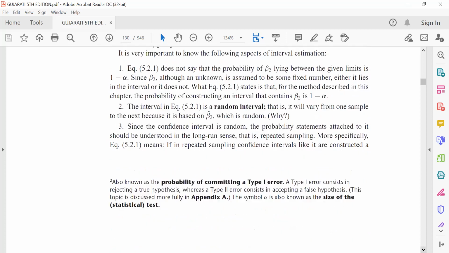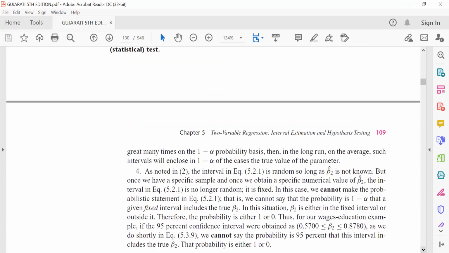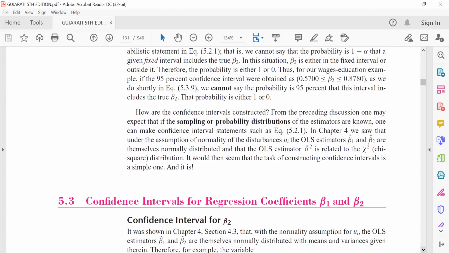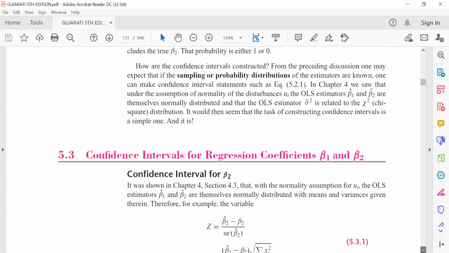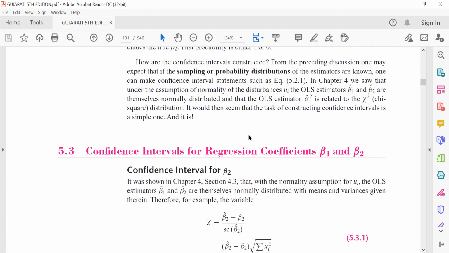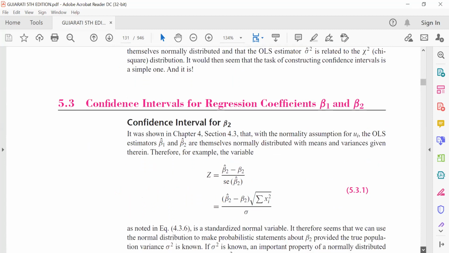Okay, after some derivations, we get the confidence interval for our estimator. First, we use the normal distribution.